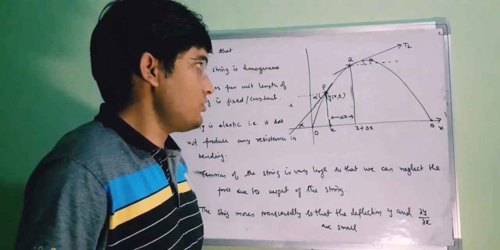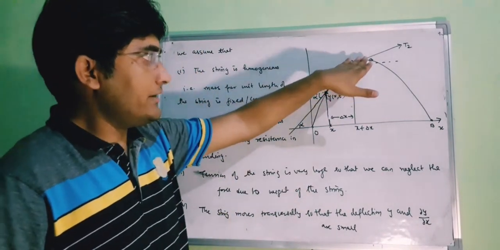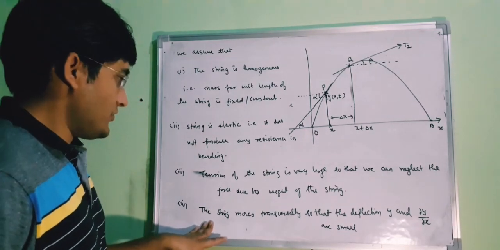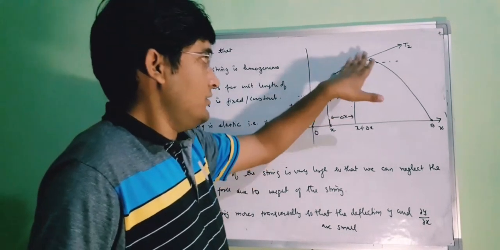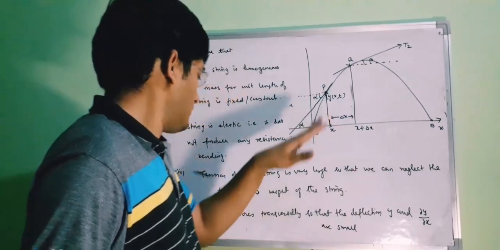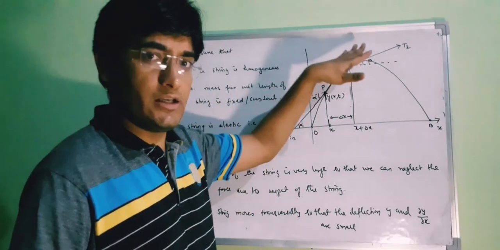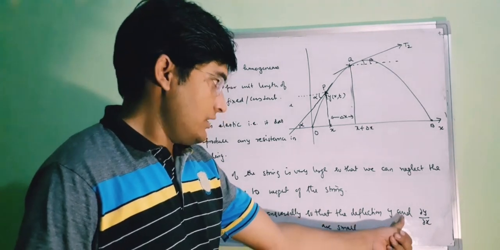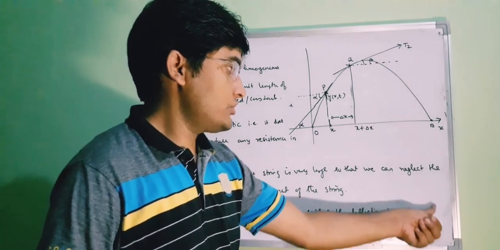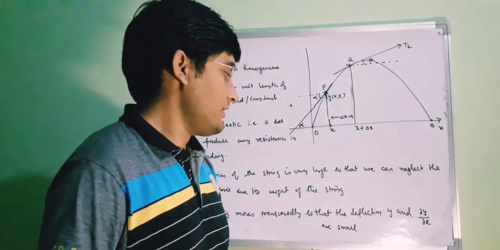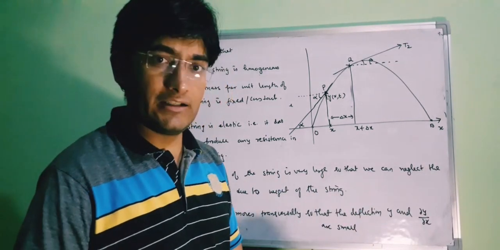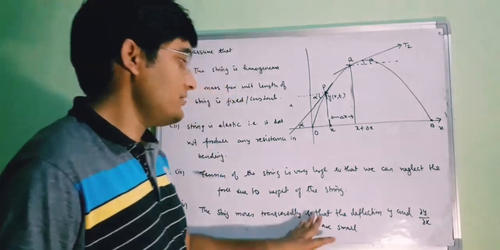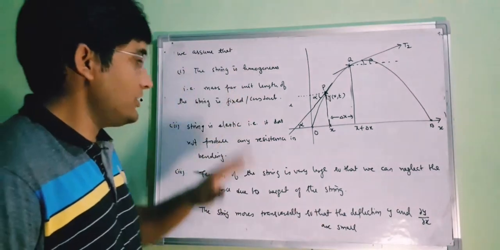Now, if the tension of the string is very large, then we can neglect the weight of the string. Then finally, our fourth assumption is that the string moves transversely so that the deflection y and the slope del y upon del x are small and their higher powers can be neglected. So we have these four assumptions.